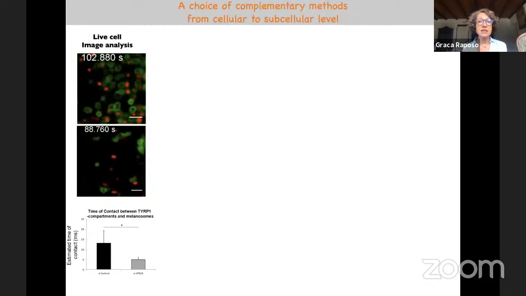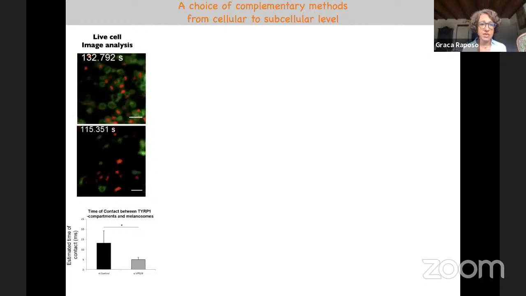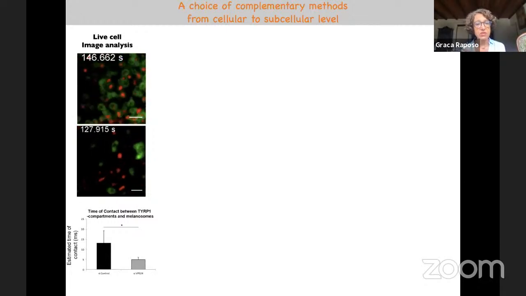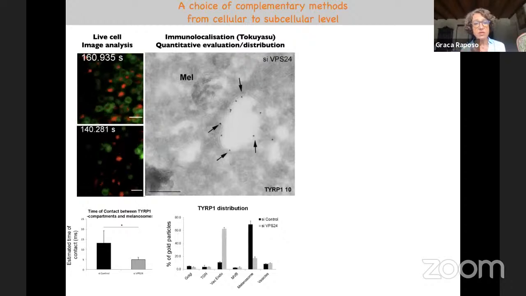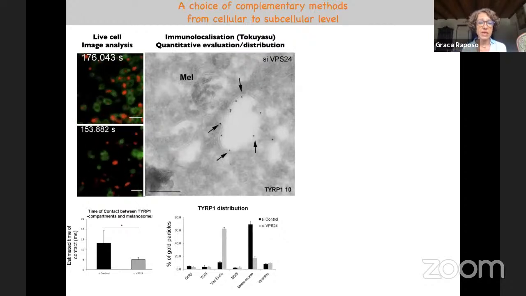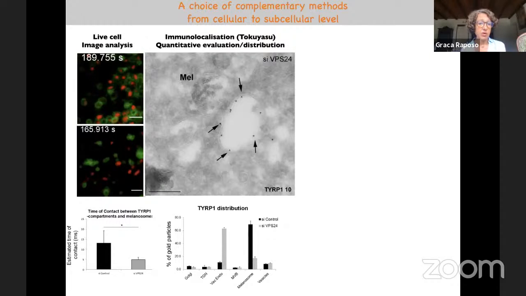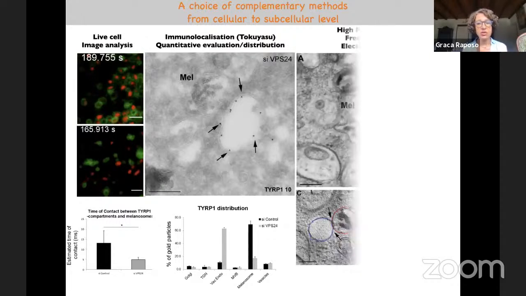But I think that we now have this choice of complementary methods that go from the cellular level to the subcellular level. So today I'll be focusing more on how we can localize components in cells, molecules in cells, and this will be more by the end of my talk.